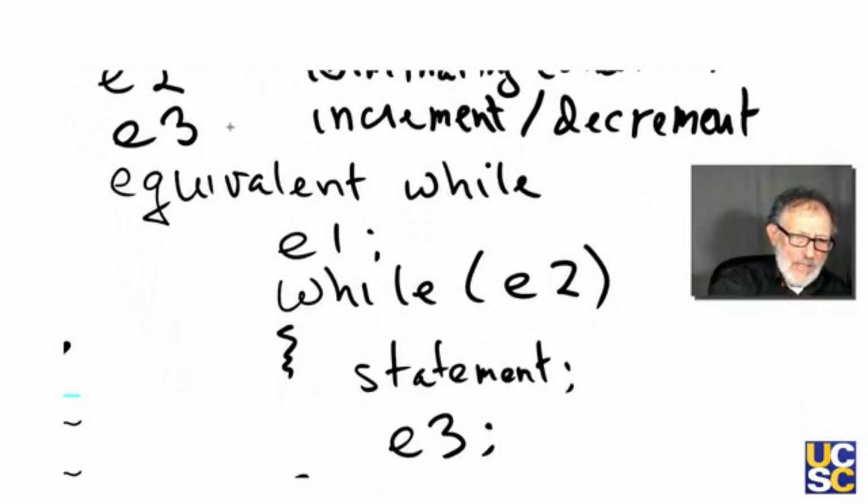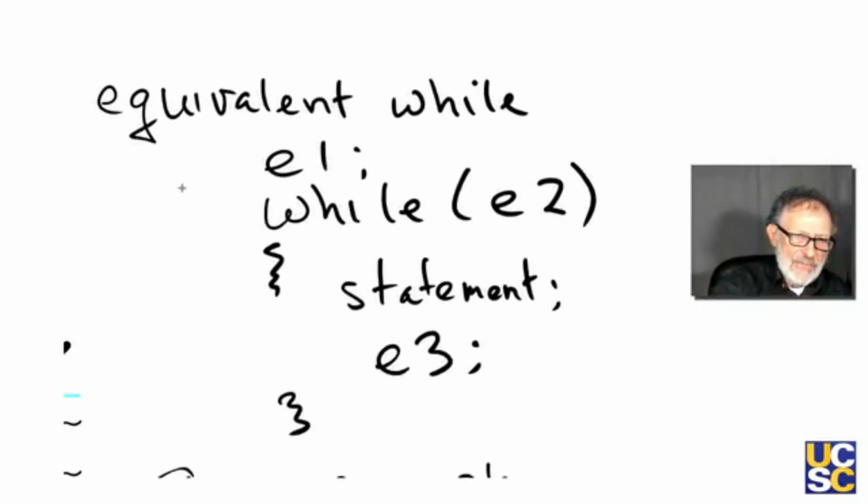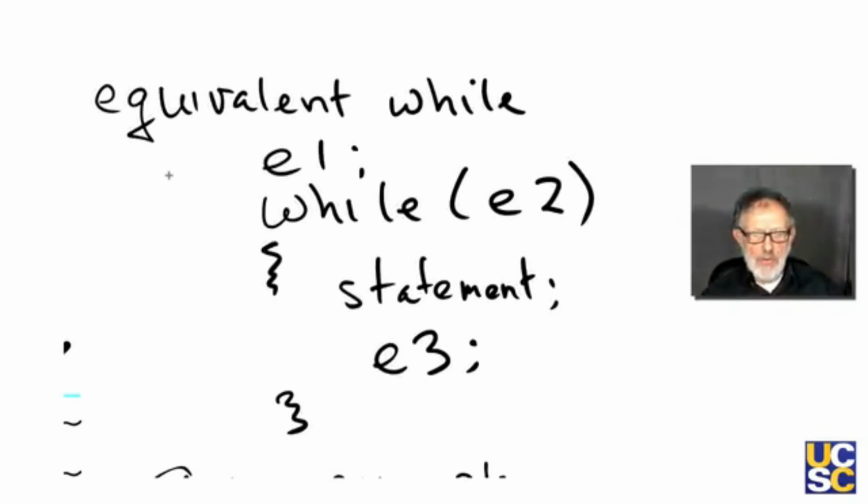The equivalent in the while, so you should be able to do this mapping, is expression 1 gets executed as a statement. Don't forget that was typically your initial statement, like I equals 1. Then you have while of the expression, so the test expression for the loop is E2.